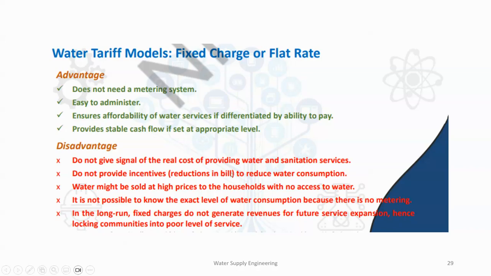There is no method to reduce water consumption, and it may happen that just because the financial status is high, just because the household is high, they might be charged more without even having that much consumption. So, in the long run, fixed charges do not generate revenue for future service expansion because we are not aware of the exact consumption, exact requirement. Nothing is made aware here.